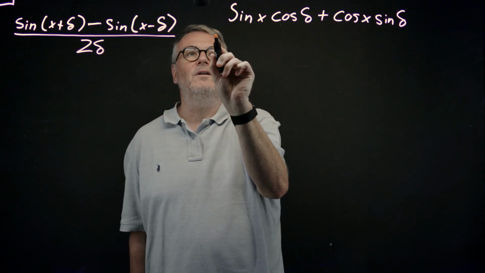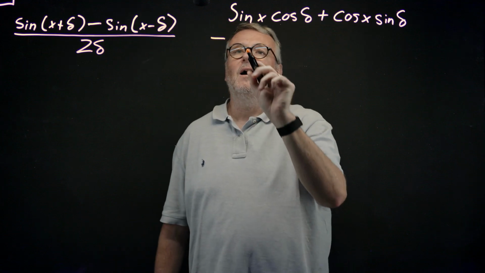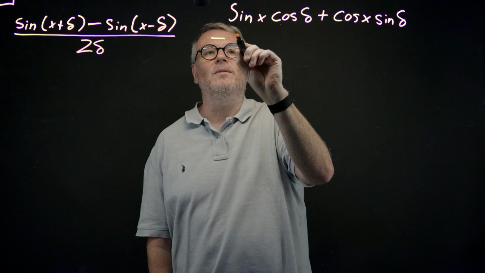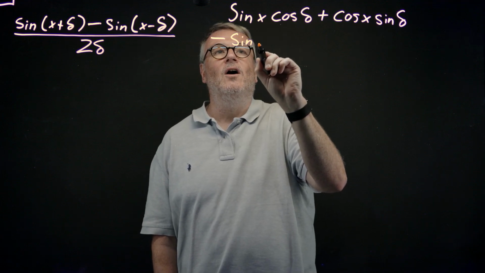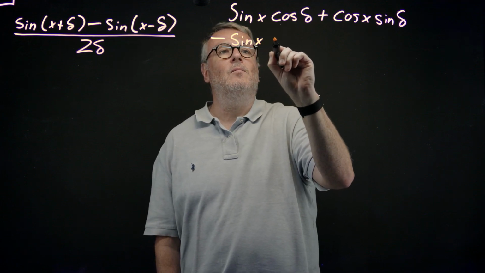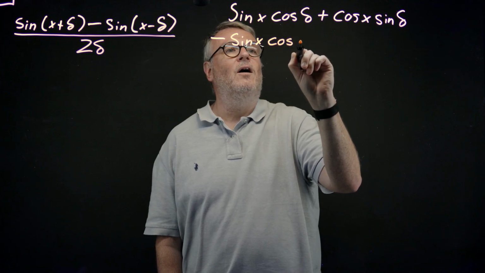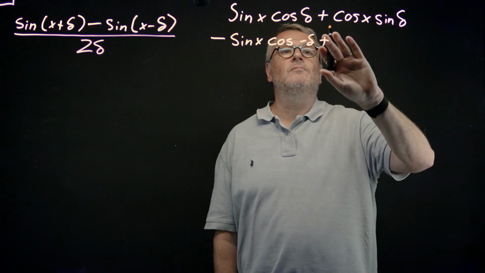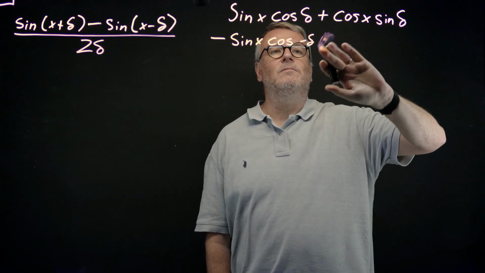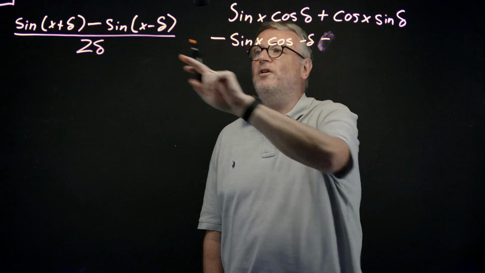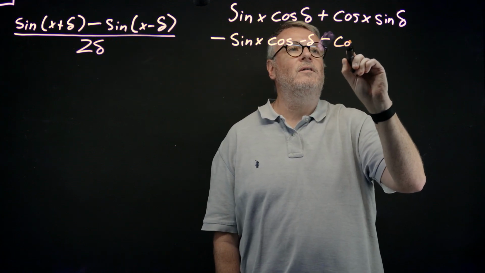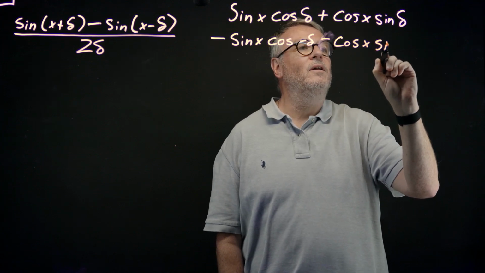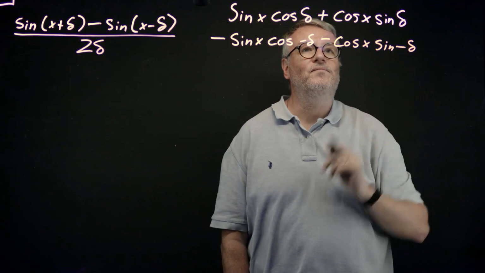Then I'm subtracting off the sine of x multiplied by the cosine of minus delta this time, and I'm still subtracting cosine of x times the sine of minus delta.